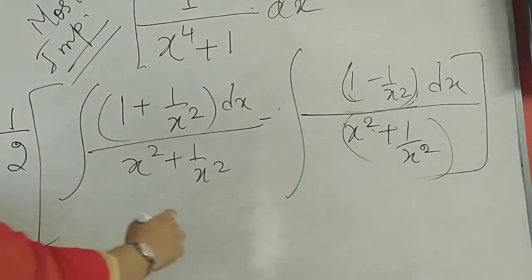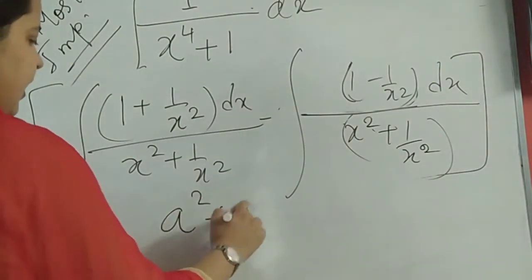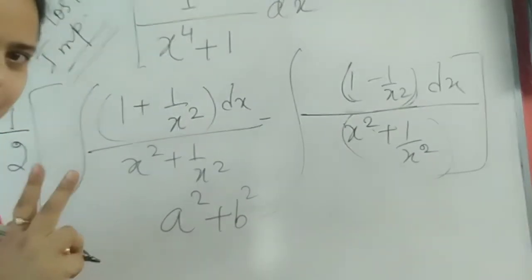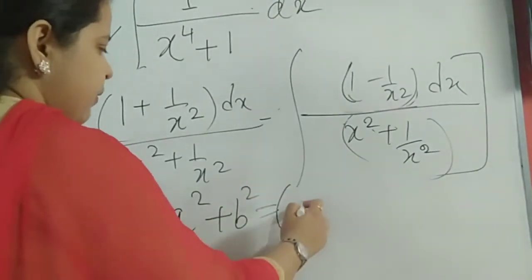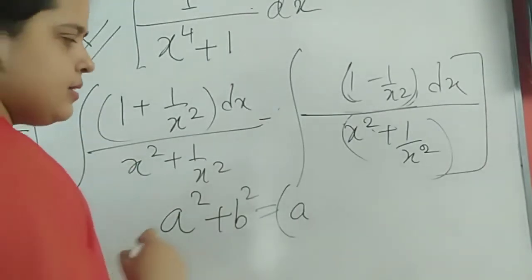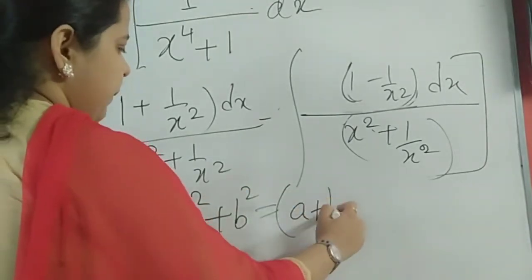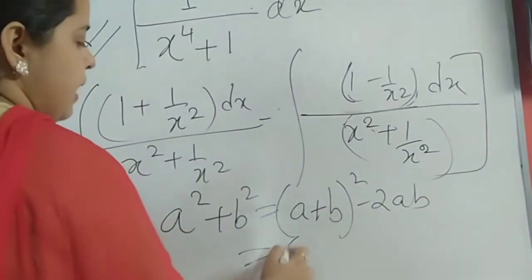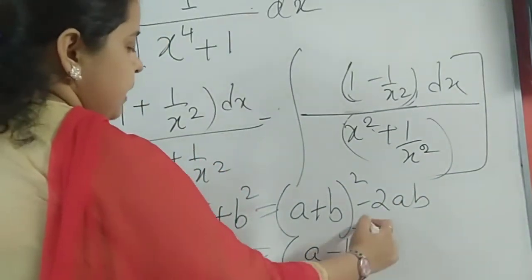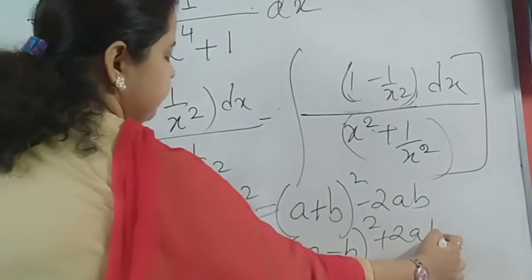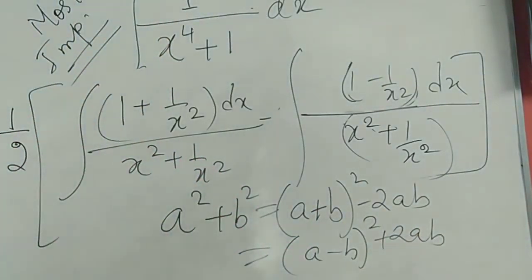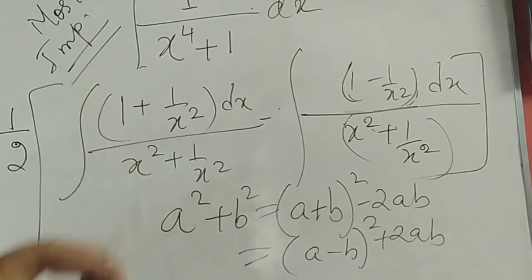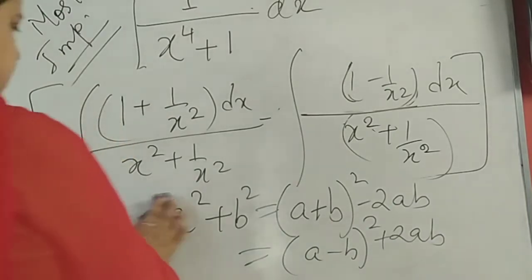What I want to tell you, students, here, a square plus b square can be written in two ways. We can write a square plus b square as a plus b whole square minus 2ab. In the same manner, I can write a minus b whole square plus 2ab. Correct? So I'm going to utilize this particular technique in this particular integrand.